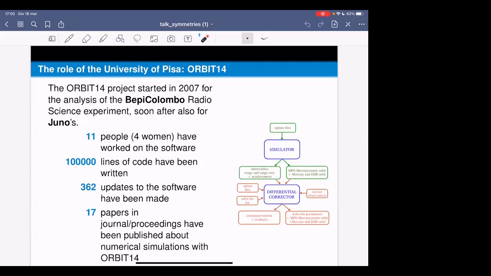Hundreds of thousands of lines of code were written, and so on and so forth. This is the structure of the software, which is made up of a simulator to do all the simulations before the mission actually arrives, and then a differential corrector, which is the core of the software, which will allow us to perform the orbit determination.